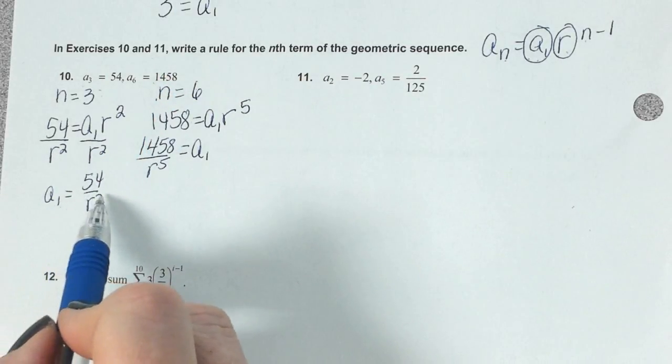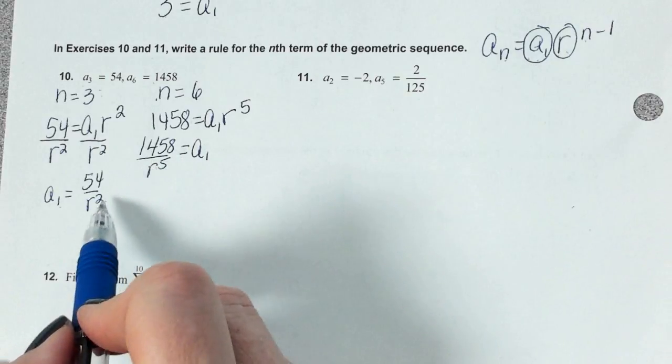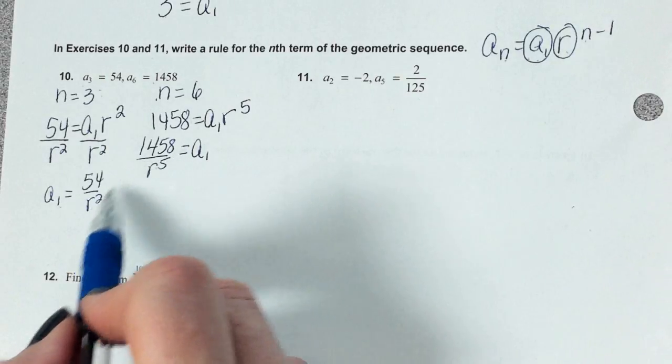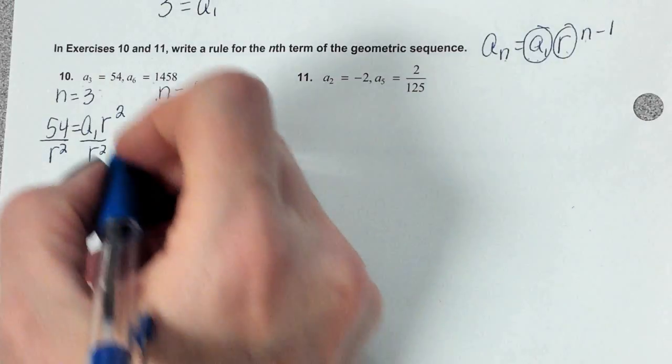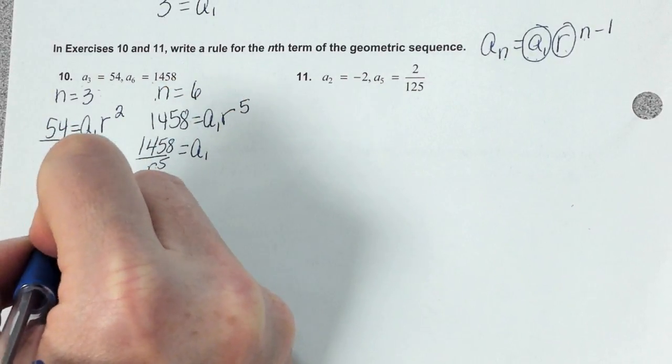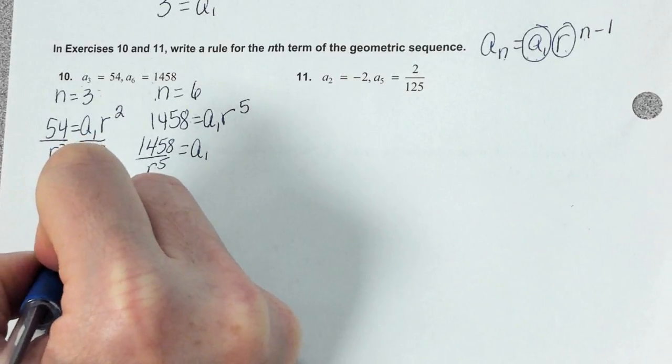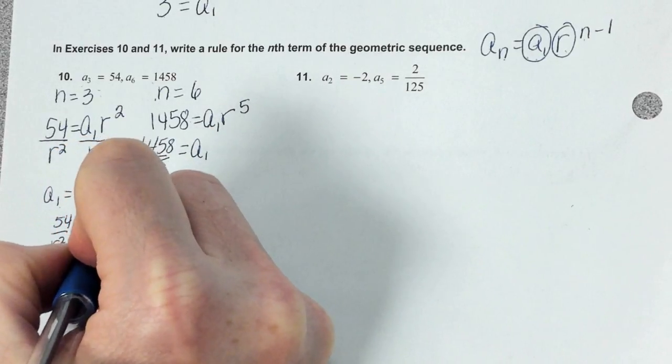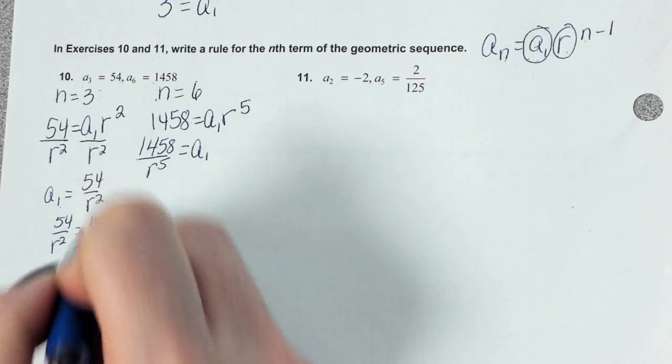Well, if a sub 1 equals this and a sub 1 equals this, what can I say about these 2 things? They have to be equal to each other, don't they? So I can now put 54 over r squared must equal 1458 over r to the 5th.